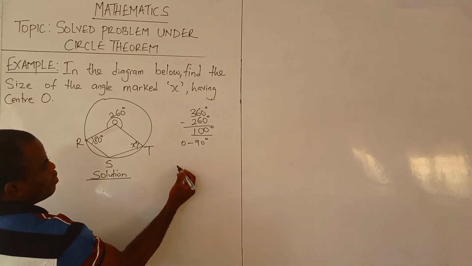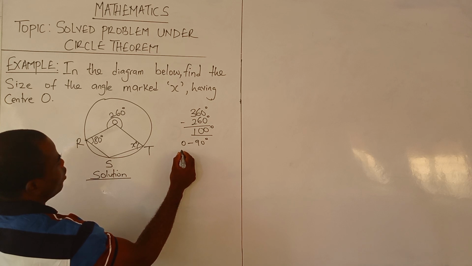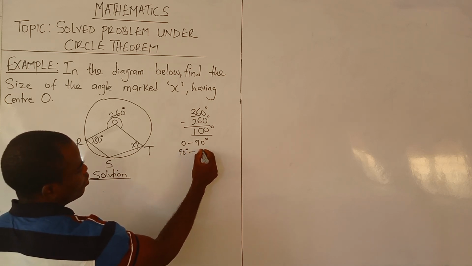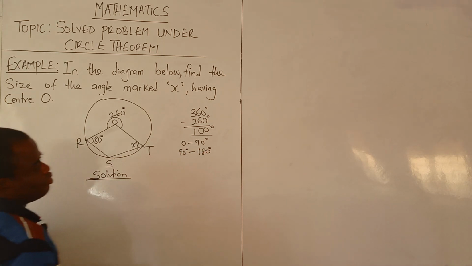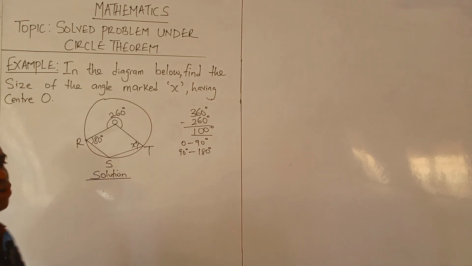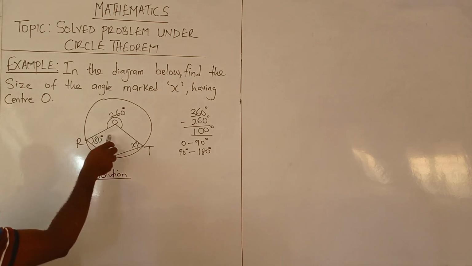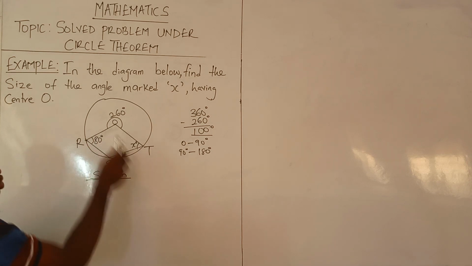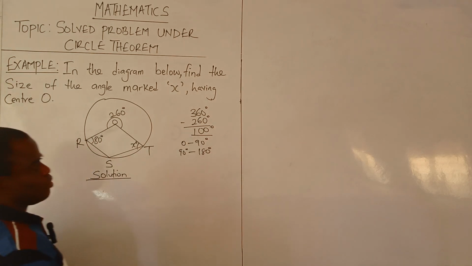And the angle between 90 degrees and 180 degrees is an obtuse angle. That means that this is an obtuse angle, because we have 100 degrees.